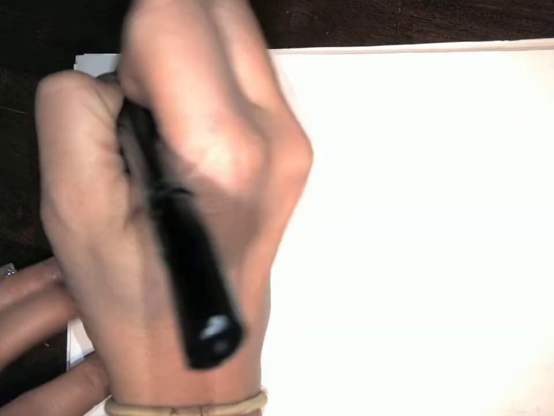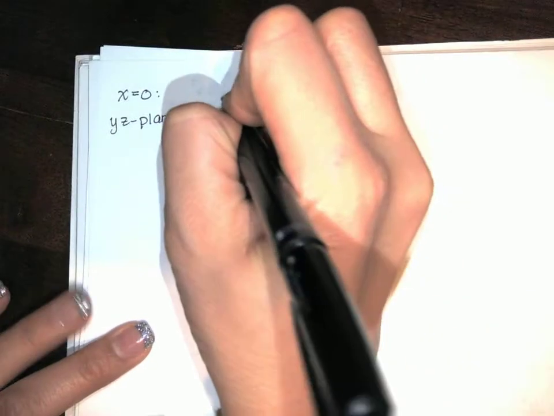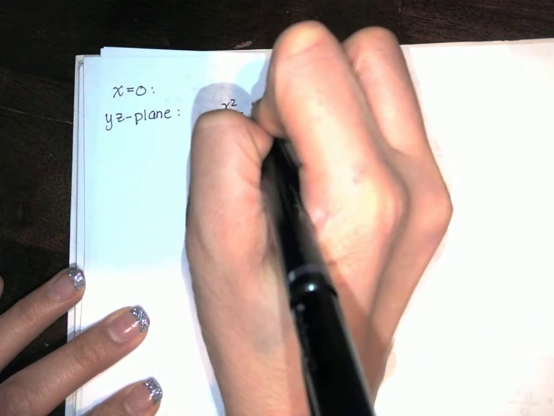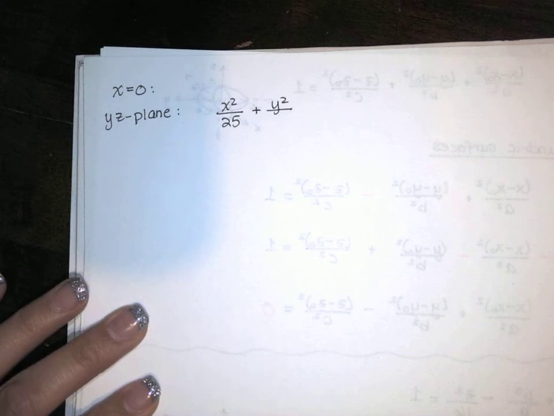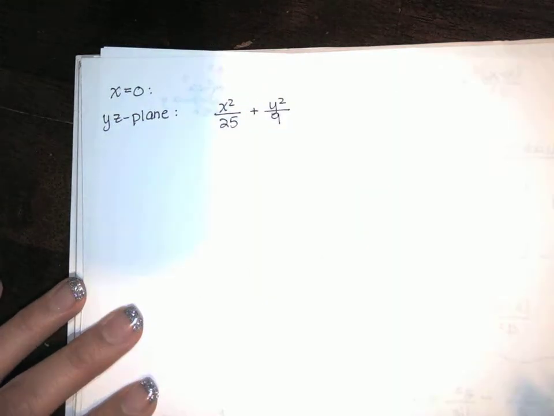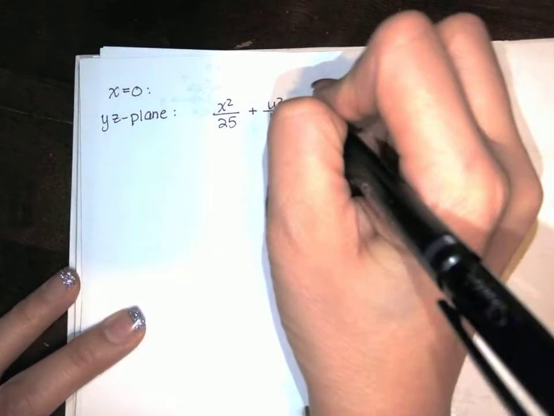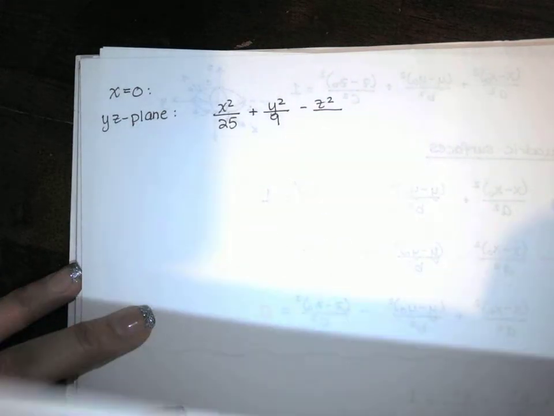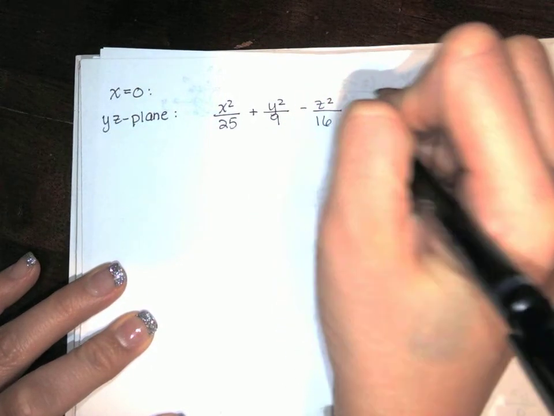So if x is 0, then we're in the yz plane, and our equation is given by, let's see, we had x squared over 25 plus y squared over 9, and then we had minus z squared over 16, and that equals 0.